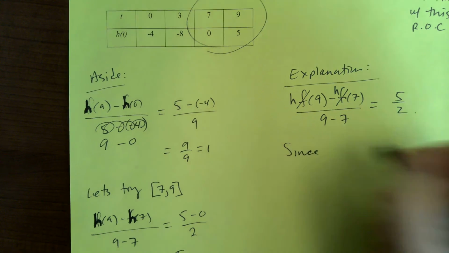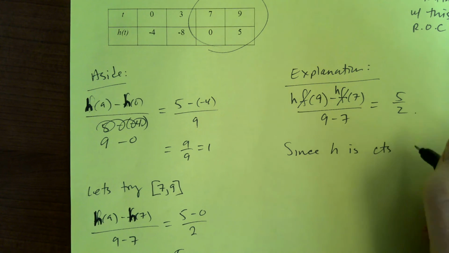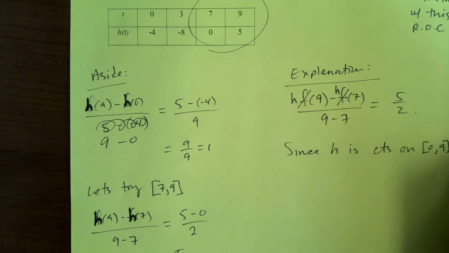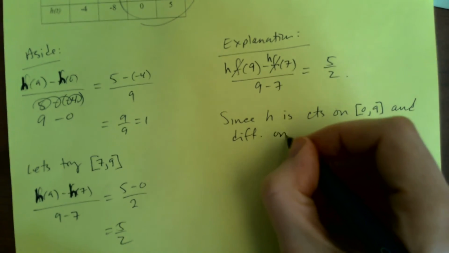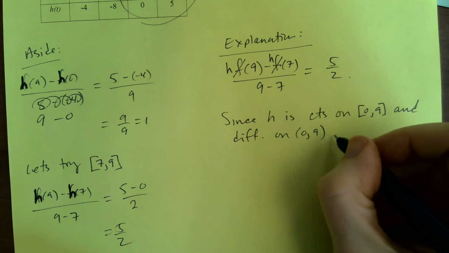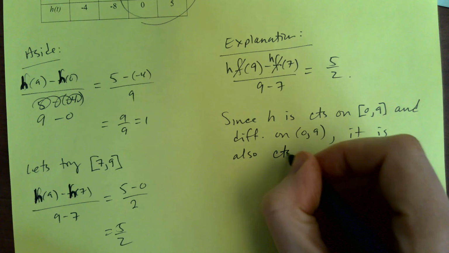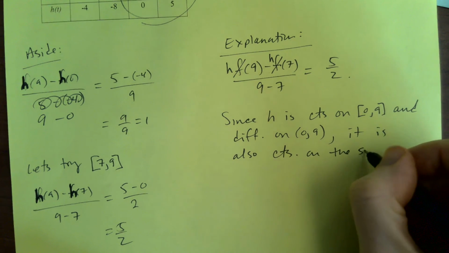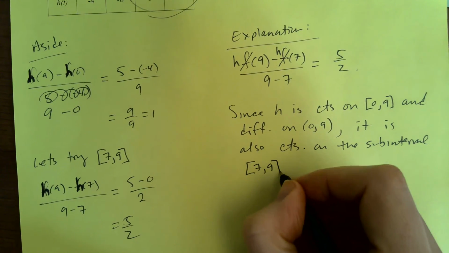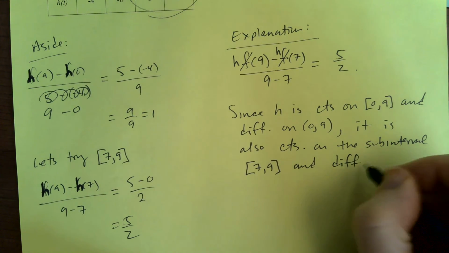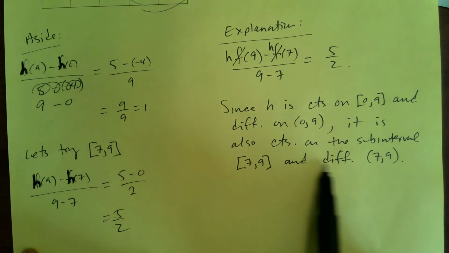So, since h is continuous on 0 to 9, and differentiable on 0 to 9, it is also continuous on the subinterval 7 to 9 and differentiable on the open interval 7 to 9. Okay, so right there are the conditions for the mean value theorem.